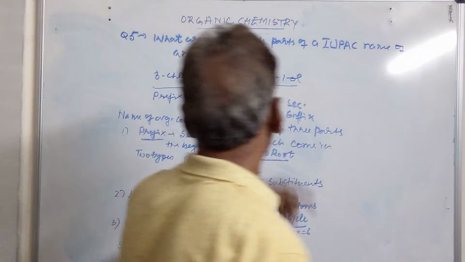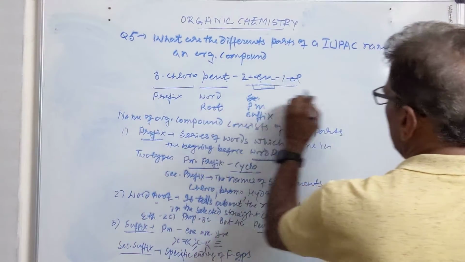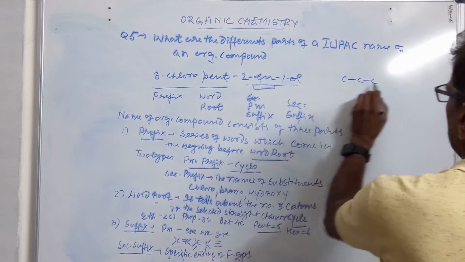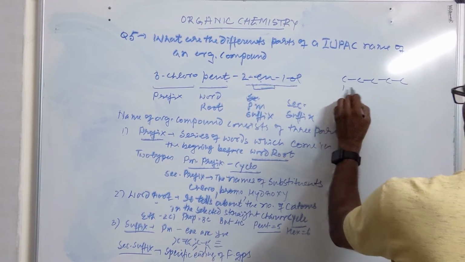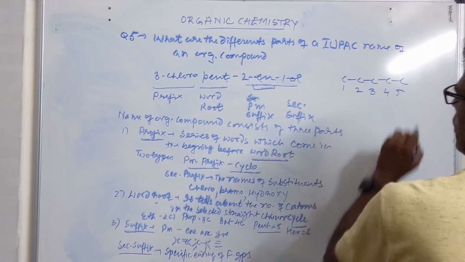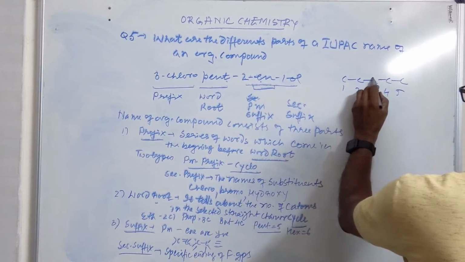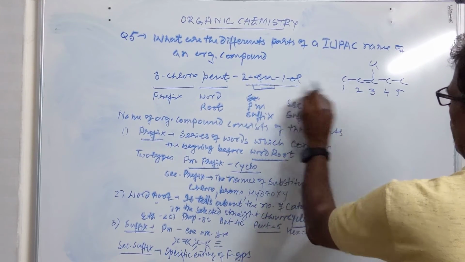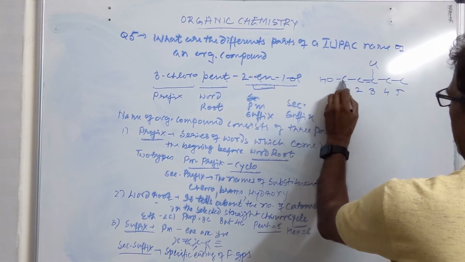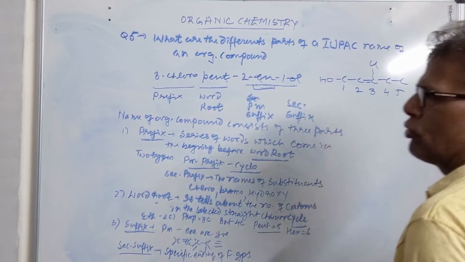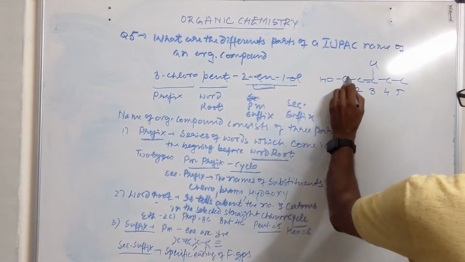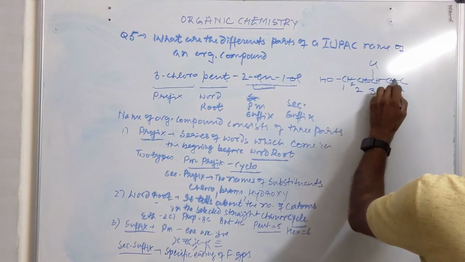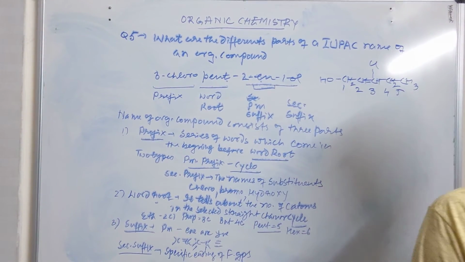Now let us write the structure of this compound. First of all, take the word root, 5 carbon. No cyclo is there, so they will be in the straight chain 1, 2, 3, 4, 5. 3 is having chloro, put here Cl. 2 is having double bond, 1 is having ol, put OH here. Now every carbon should be tetravalent. So it will be CH2, it is CH, CH, CH2, CH3, this is the compound.